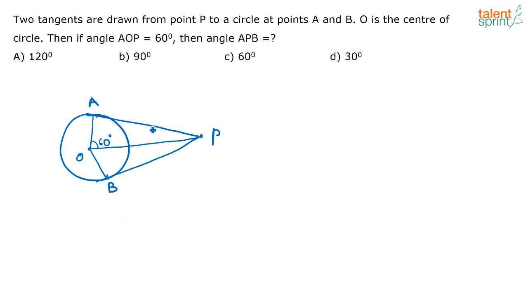So if you have tangents that are drawn from one particular external point, here the external point is P, so if I draw tangents from an external point to a circle, the length of all the tangents that I can draw will be the same, okay. That is, the length of tangents drawn from an external point to a circle are always equal. Or what can I say? I can say that PA is equal to PB. Basically these 2 sides are equal.